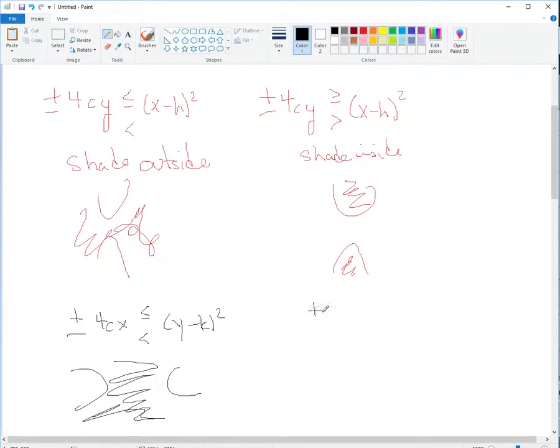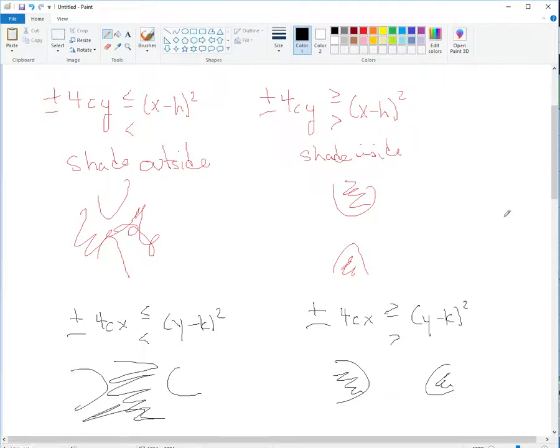Or you have that greater than, then that is going to be inside. Okay, remember, you only have one or the other. This is not a hyperbola, this is a parabola. So you either have this side or this side. If it's positive, it's over here. If it's negative, it's on the other side. Okay, so now we know the rule. Anytime we see that the y side is greater than, we are shading inside. Anytime we see the y side is less than, we are shading outside of our given parabola.